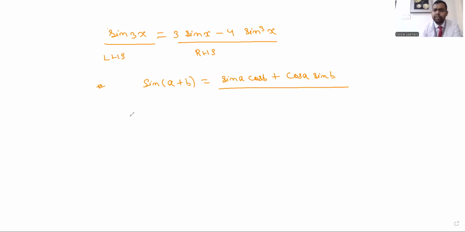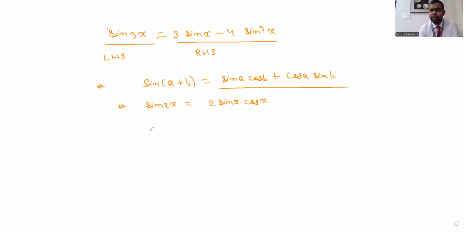Another formula is the double angle formula of sine: when you have sine 2x, that is 2 into sine x into cosine x. This is another formula which we would be using while solving this question.